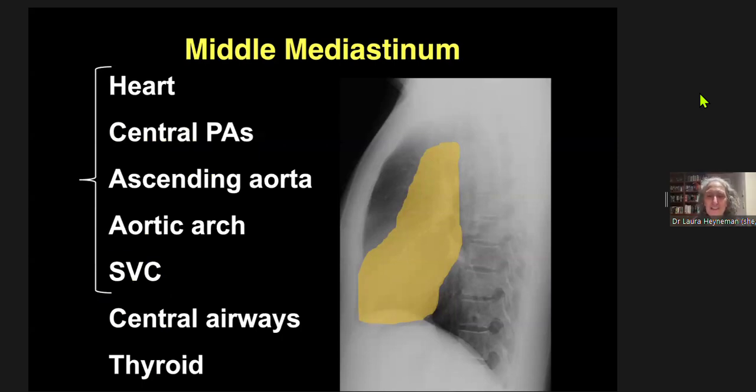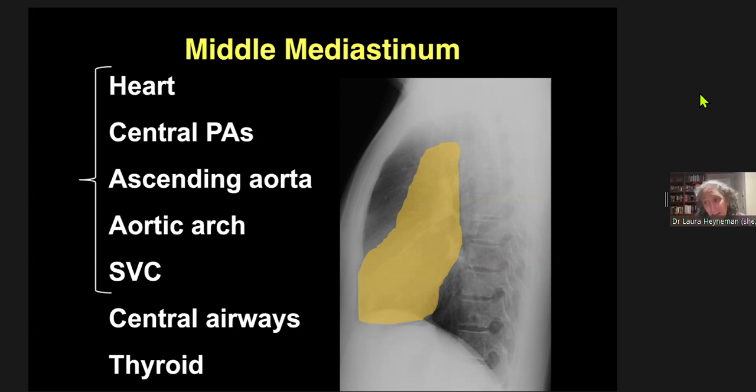So the heart, the main pulmonary artery, the central pulmonary, right and left pulmonary arteries, the ascending aorta, the aortic arch, the SVC is in there. A lot of the major cardiovascular structures are considered to be part of the middle mediastinum, as are the airways, the trachea, the central bronchi, mainstem bronchi.